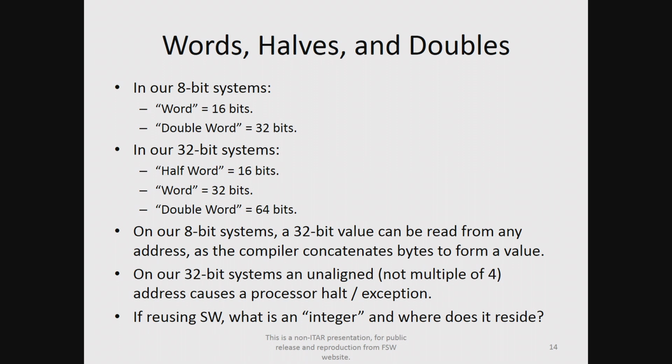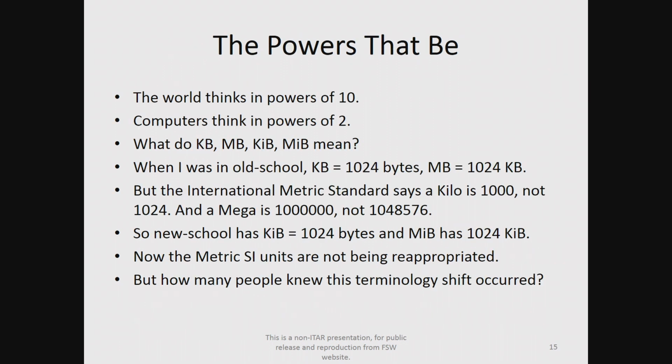Okay, everything's fine. On the 32-bit systems, if it's not 4-byte aligned, the processor throws an exception handling trap and says, no, you cannot do that. So if we're reusing software between projects, or reusing FPGA specs, or they specify that this data bus is an integer in width, what does any of that actually mean? So we need to be very careful when we specify all these in our requirements.